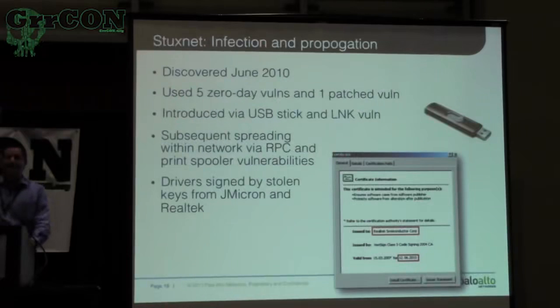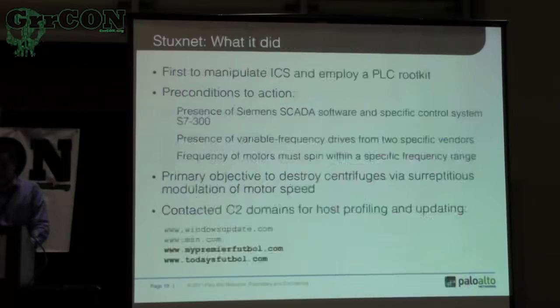So that was Flame, and then Stuxnet, which occurred arguably later, but was discovered earlier, of course, was what did a lot of the interesting things. I'll skip over that real quick. Just to what it did, which was, why is it interesting? First of all, it was the first malware that people are aware of that actually manipulated and overwrote PLC code, programmable logic controller code. So that by itself is pretty remarkable. Also remarkable is the specific conditions that it required to run.